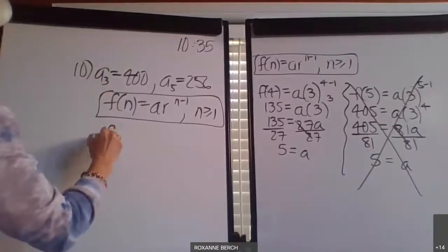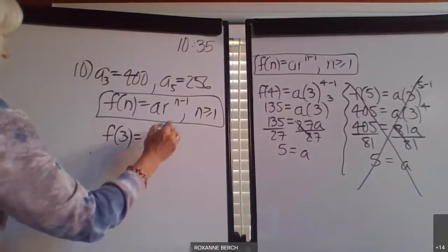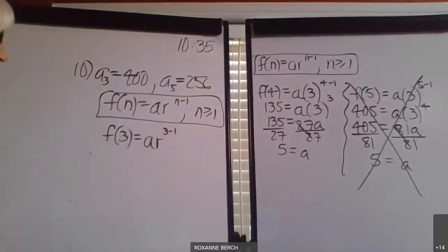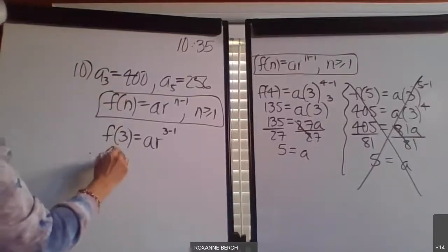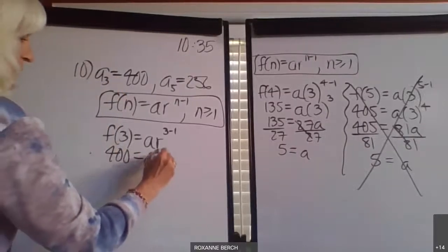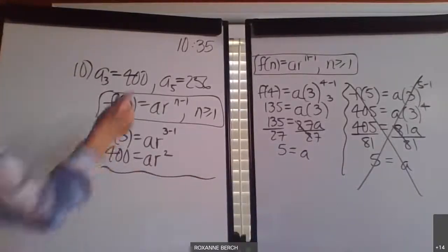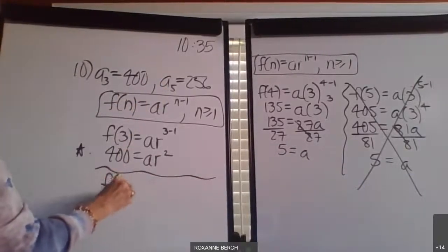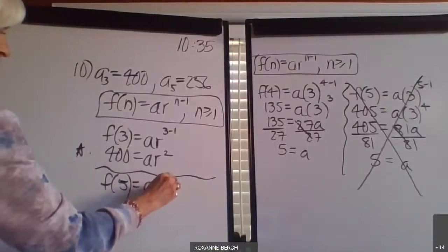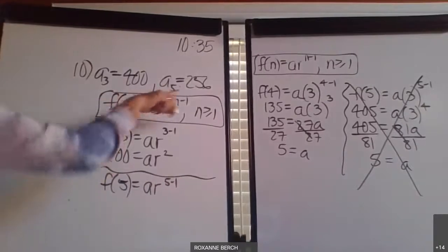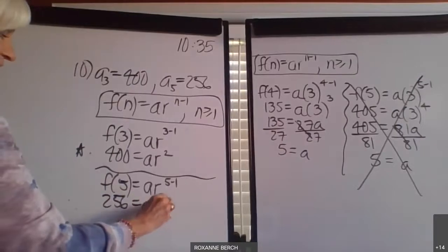So you're going to take f of 3 is equal to, we don't know A, we don't know R, but this is going to be 3 minus 1. So we know the term in the third position is 400. So there's one equation we're going to use. And we have the fifth term, which is, we don't know, to the 5 minus 1. We do know the fifth term is 256, but we're still missing A and R.